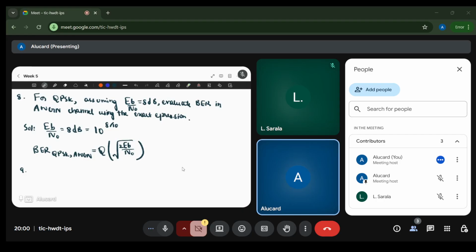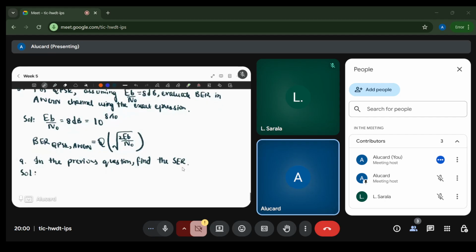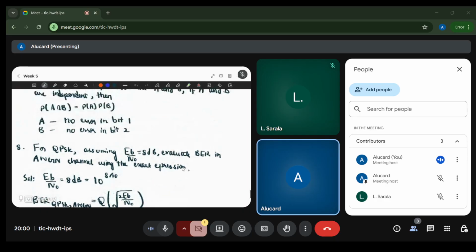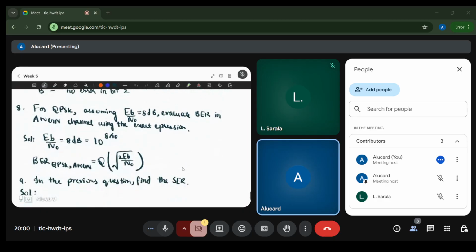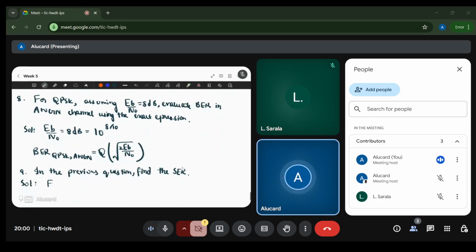Then in the previous question, find the symbol error rate. So this is quadrature phase shift keying.